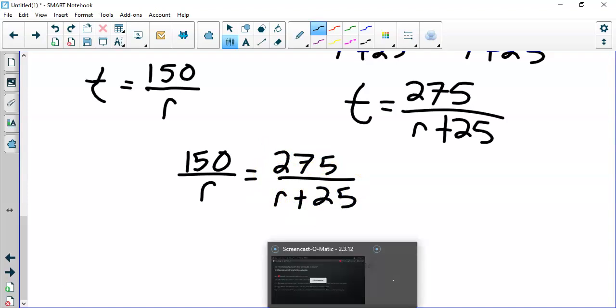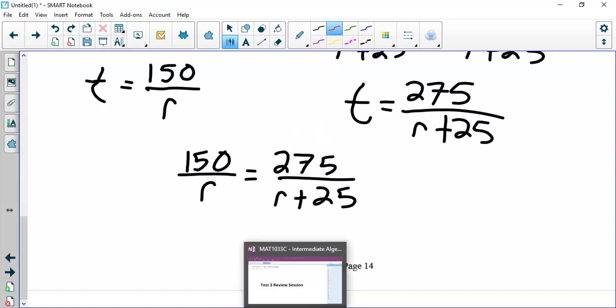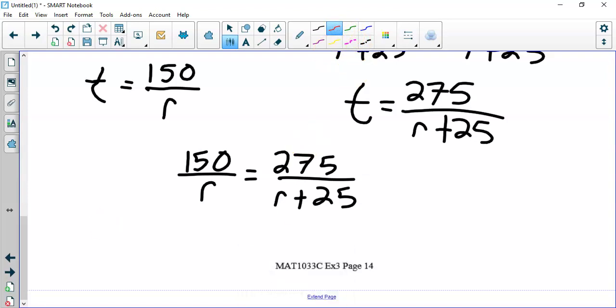Because they drove the same amount of time. Okay? How can we solve this? You don't need like denominators. What were you saying? Yeah, we can cross multiply on this. Or if you really wanted to clear the fraction, you could do that, but that's just silly work on this. It's just easier to cross multiply.